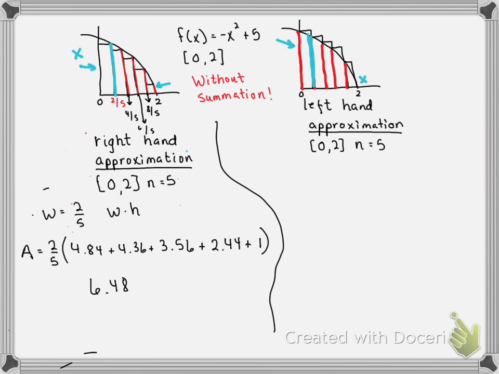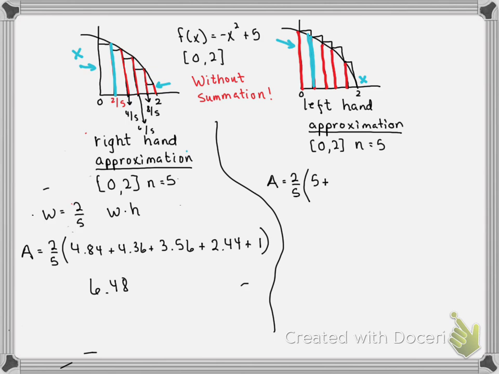So the area is still the width being the same. And we are going to evaluate the left height of that very first rectangle by evaluating f of 0. Well, f of 0 is equal to 5. So we have the first left height.